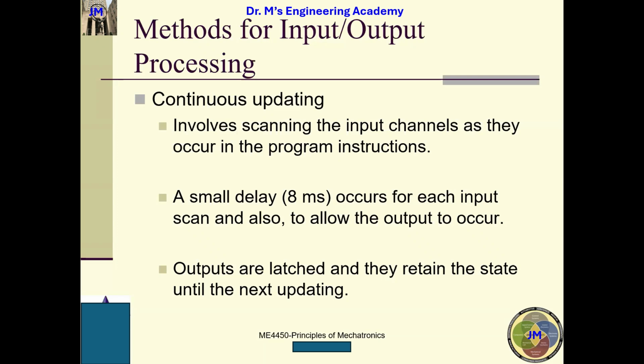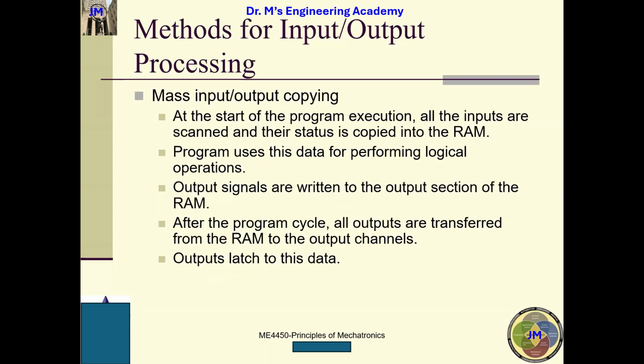Outputs are latched and remain in that state until the next update. Latched means you want this to do something and you do not change it until the next cycle. So here is a method for input and output processing.